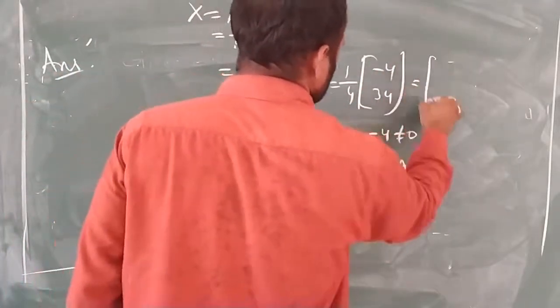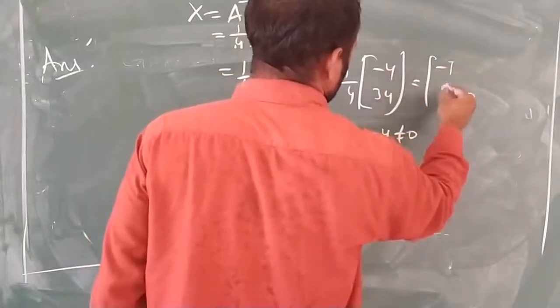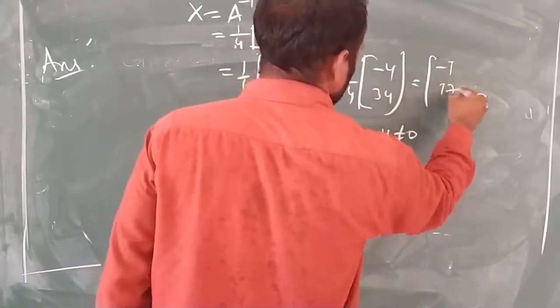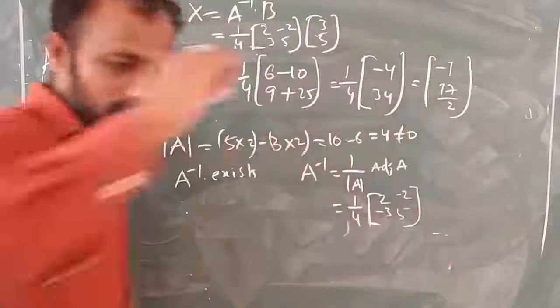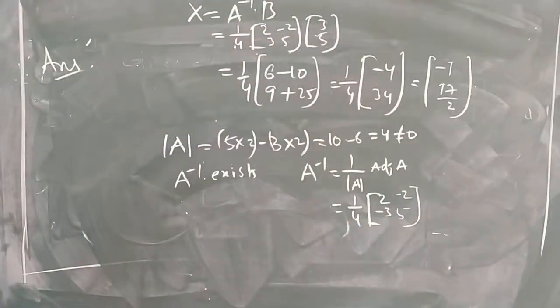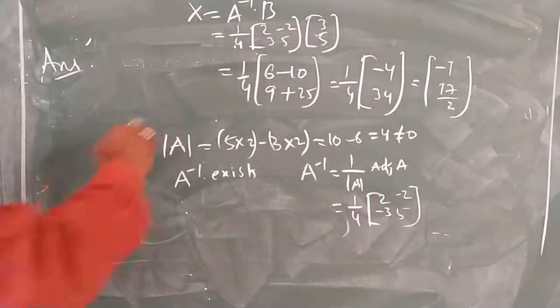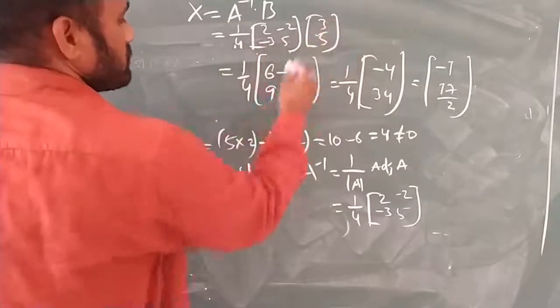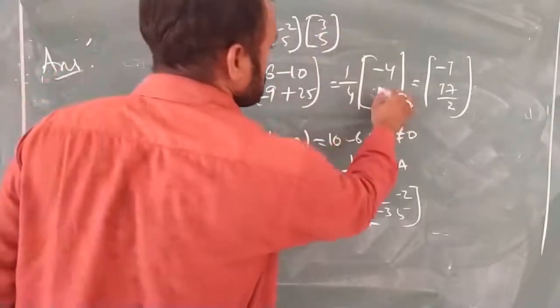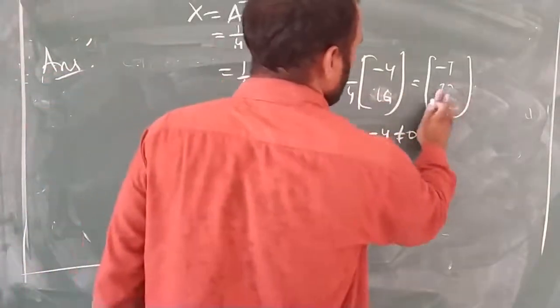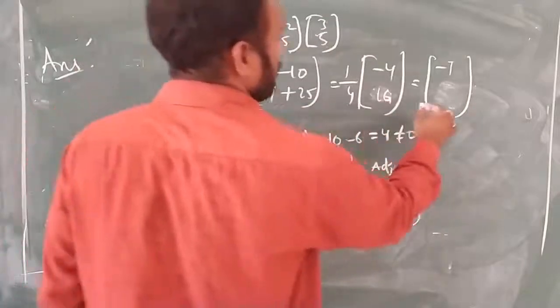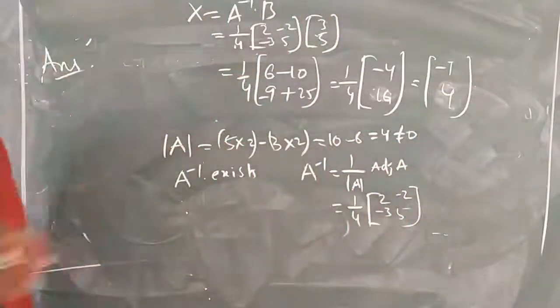Sorry, here it is minus 3, right? Previously minus 3, so it will be minus 9, here it will be 16. So 16 by 4 will be 4. So the answer is -1, 4.